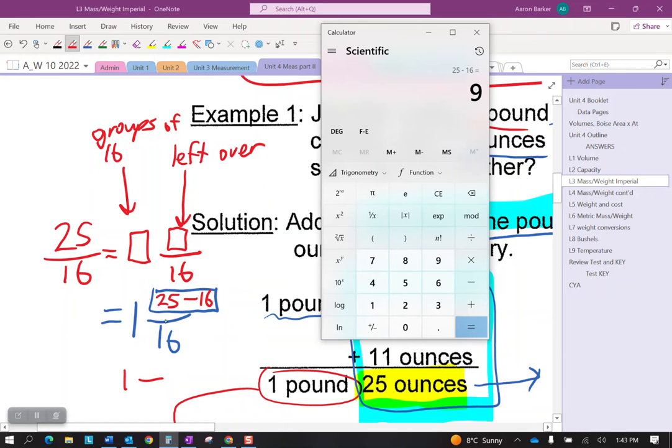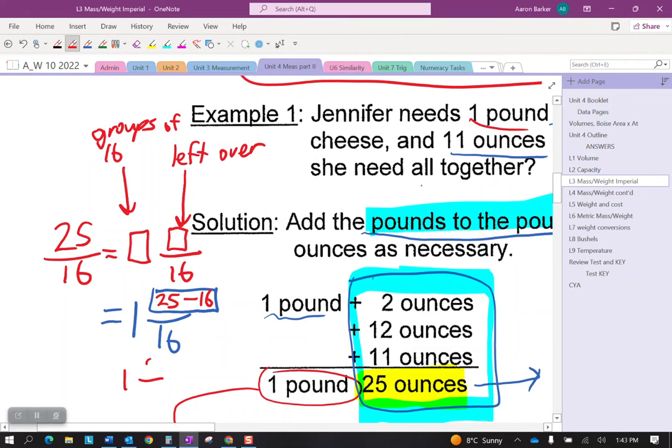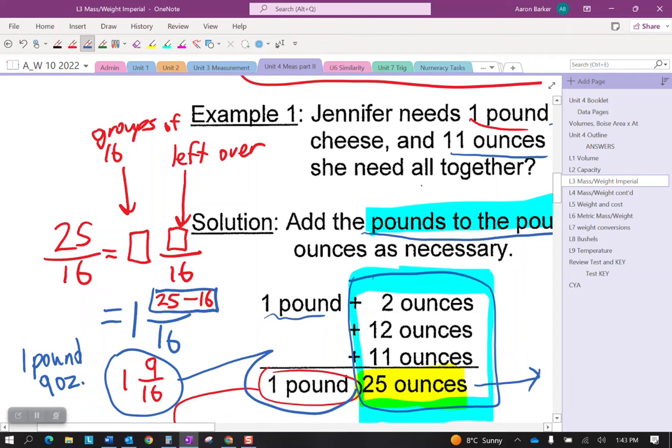Oh, like you could do it. 9. 1 and 9 over 16. So this is 1 pound, 9 ounces. We can combine that with the 1 pound we haven't even looked at yet.